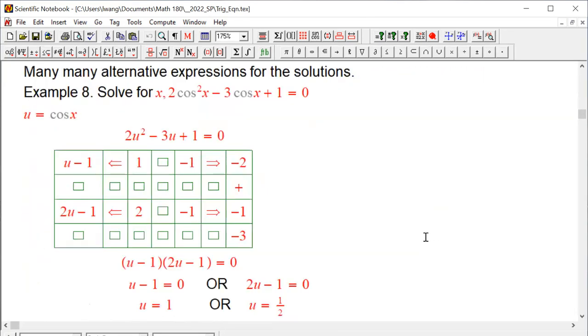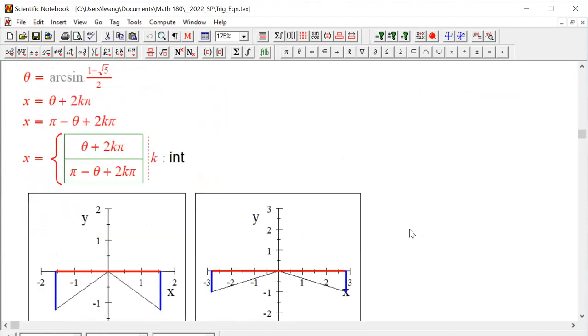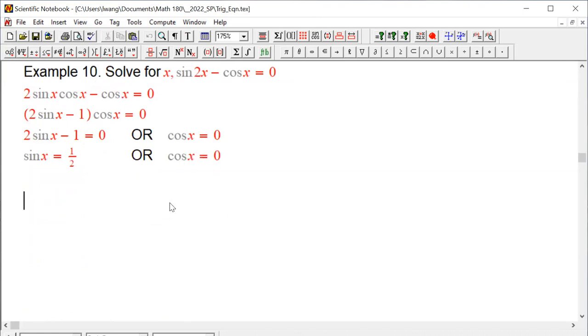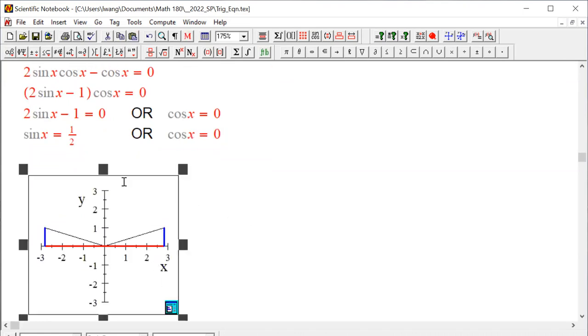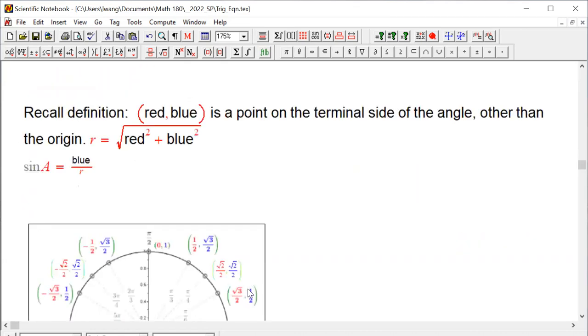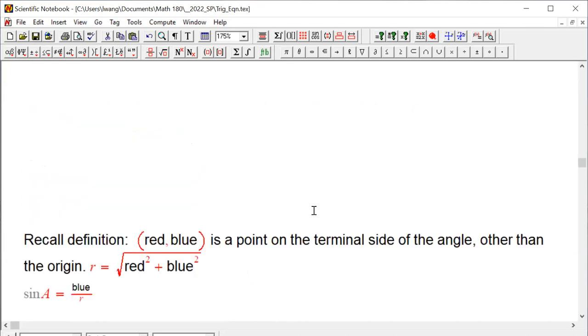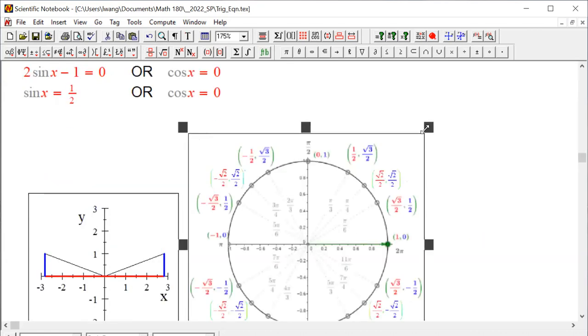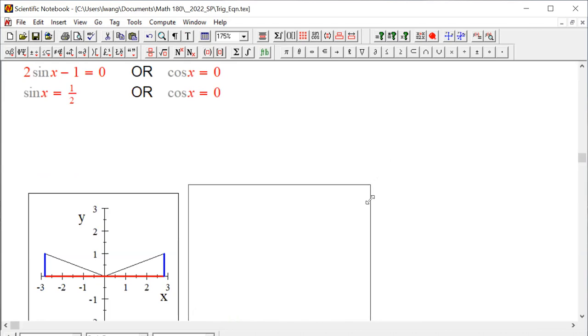And of course, here we have 1/2, which also corresponds to a special angle. So I'm going to use this opportunity to show you the similarity of a special case and a non-special case. Look at the similarity.